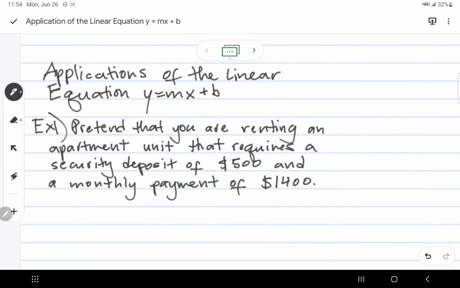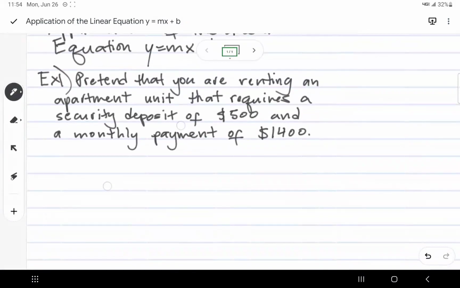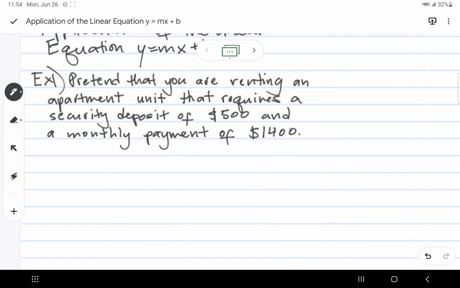Okay, so this is the scenario that we are gonna go off for our first and second examples.